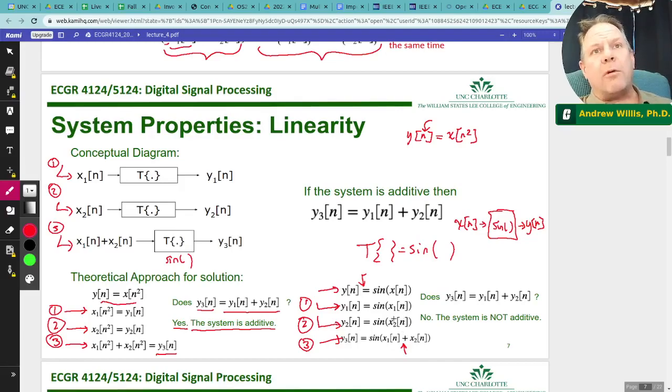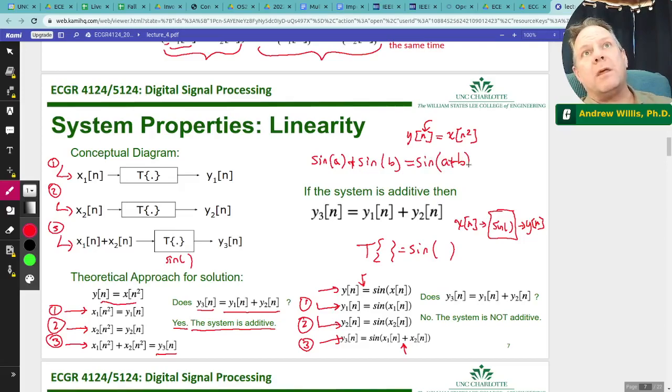So that's equivalent to saying, is the sine of some value a plus the sine of some other value b equal to the sine of the 2 values summed, sine of a plus b, right? Because these are just x1 and x2, they're just numbers. x1 of n is a value of a function at index n. x2 of n is just the value of a function at index n.